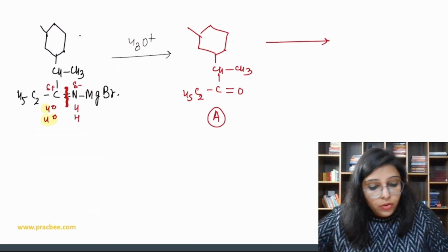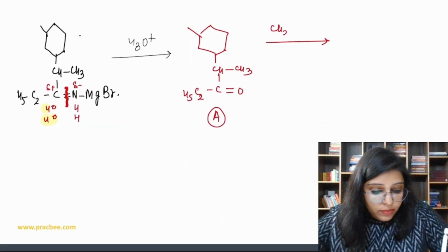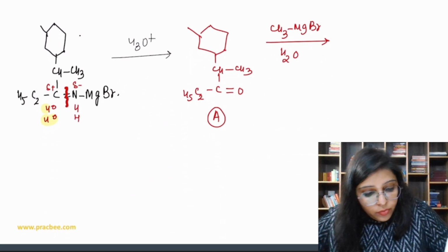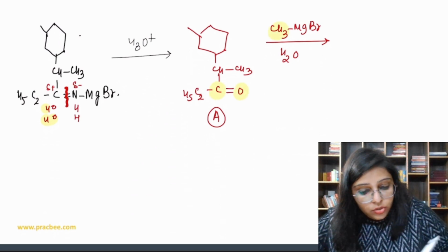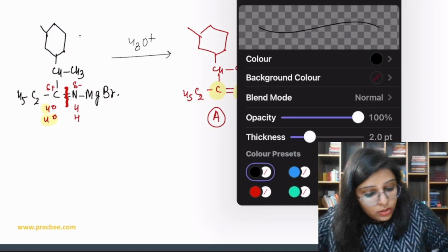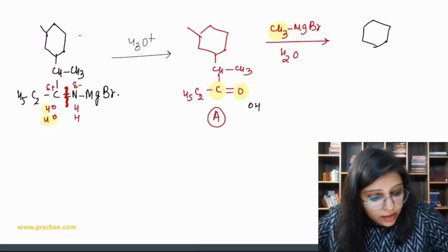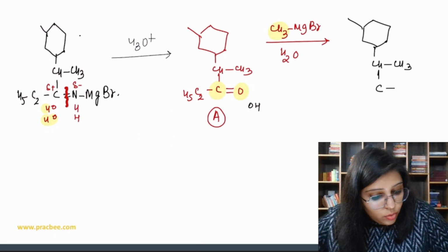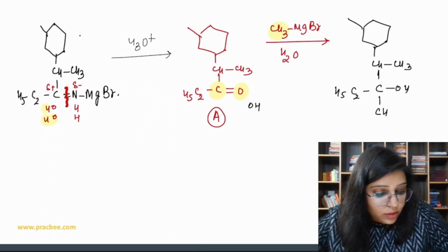Now what we are going to do afterwards is CH3MgBr and then H2O. So CH3 is going to form a bond with this carbon and this oxygen is converted to OH. So from this we have CH CH3, COH, C2H5 and CH3.